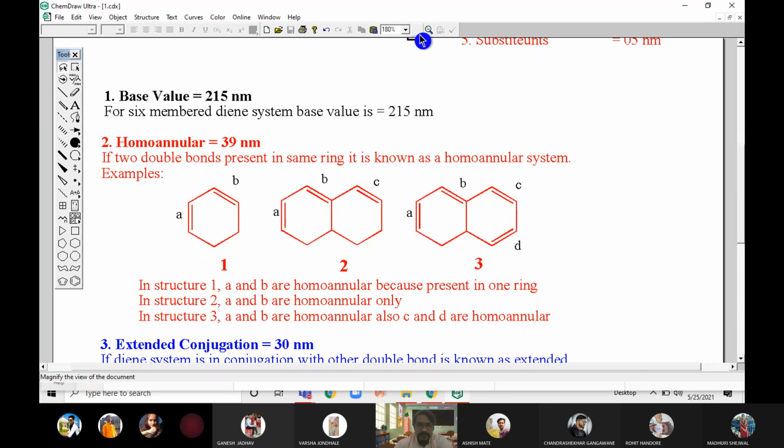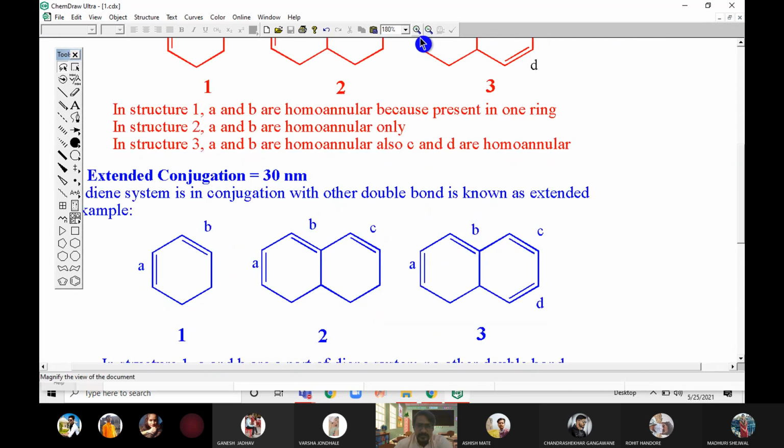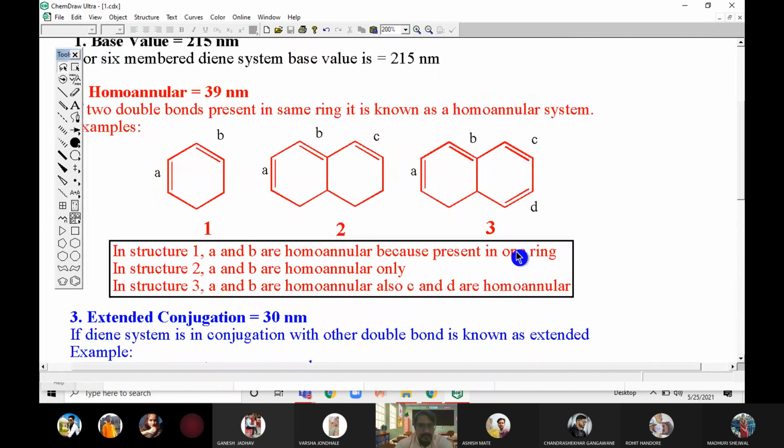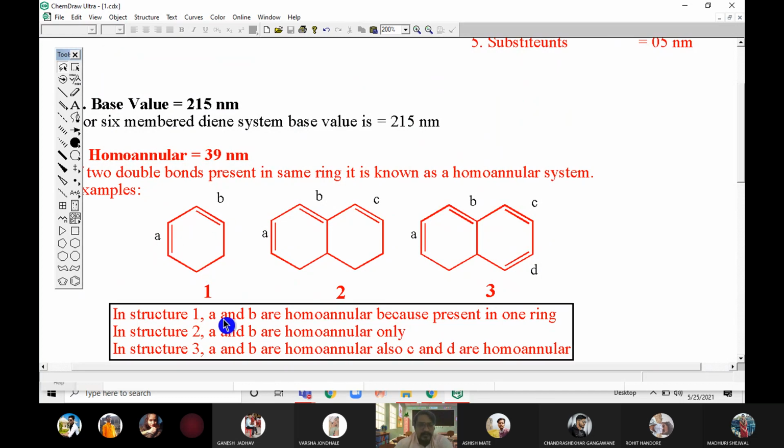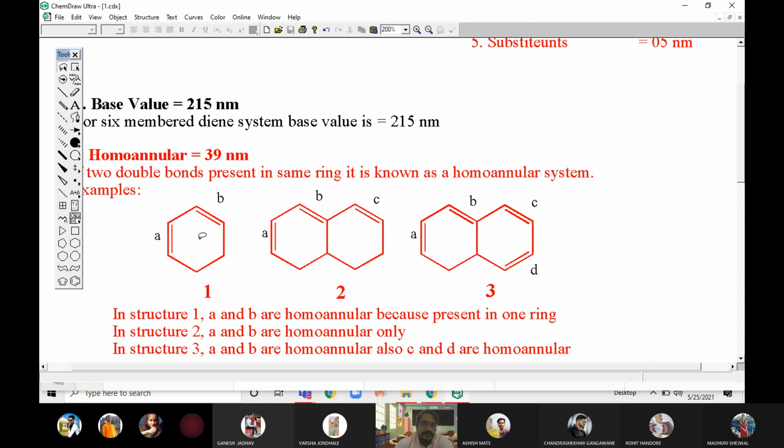Now what we will do, I'll just zoom in more so that it will not make any confusion. Okay, see in structure 1, these A and B bonds I have labeled, and A and B are homoannular because they are present in one ring. So if two double bonds are present in one ring, then we call it homoannular, right?